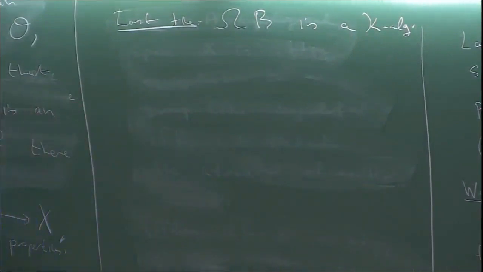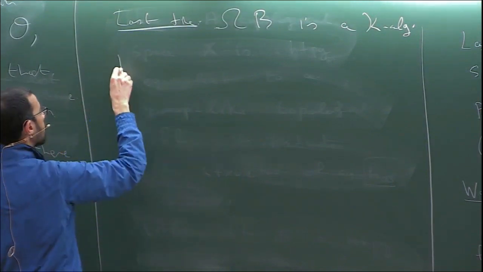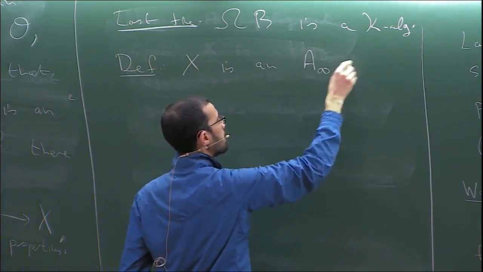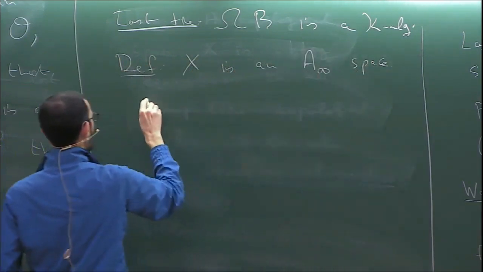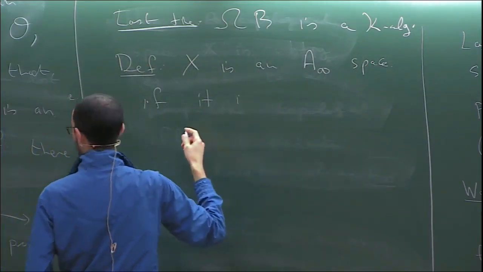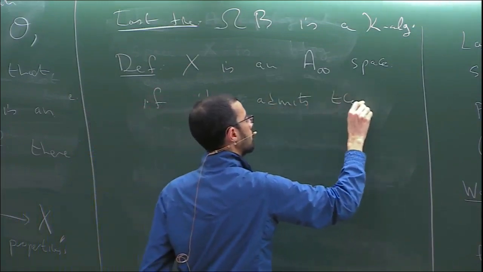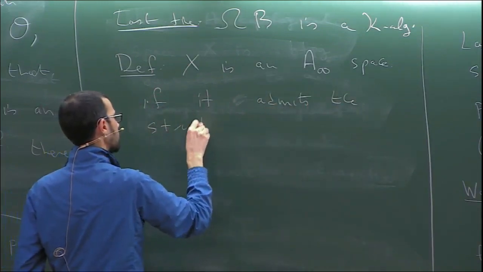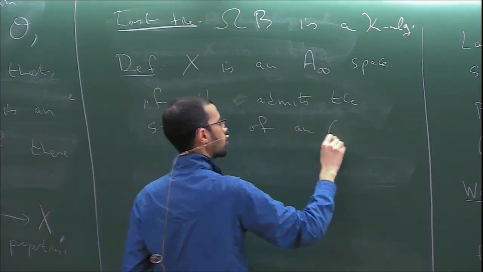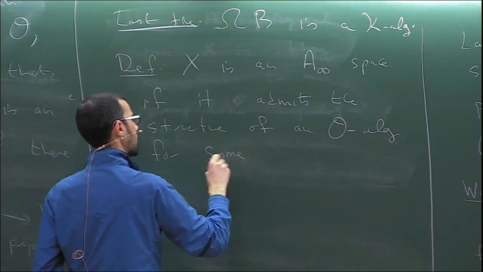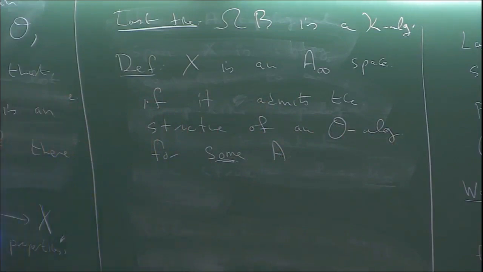Now, sometimes you don't want to specify the actual operad, and you just say X is an A infinity space if it admits a structure of an O algebra for some A infinity operad.